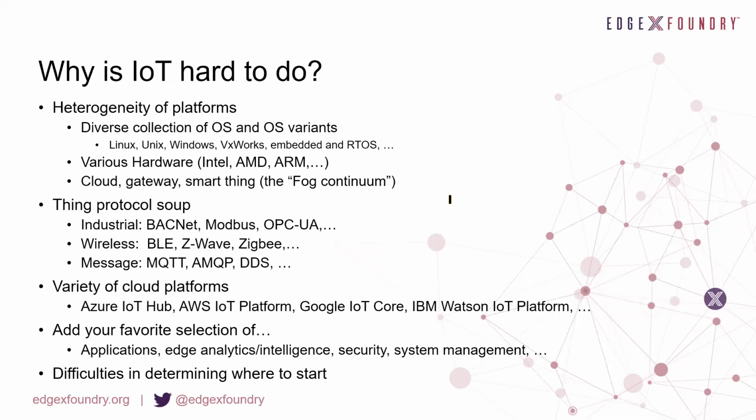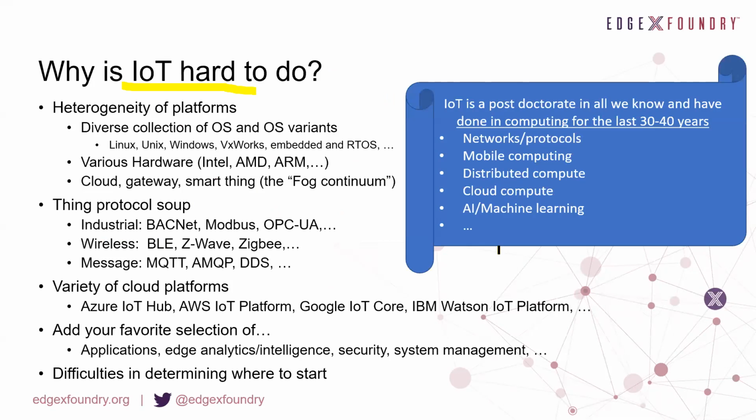So as I like to start off and explain EdgeX to people, there's a lot of information out there in the industry today about why IoT, Internet of Things, is hard to do. And there's quite a few bits of information there, and I'm not going to go through every bullet on this slide. But the idea here is that IoT is really a kind of a postdoctorate in just about everything we've known or done in computing for about the last couple of decades at least, probably goes back 30 or 40 years if you want to consider a lot of the fundamentals.